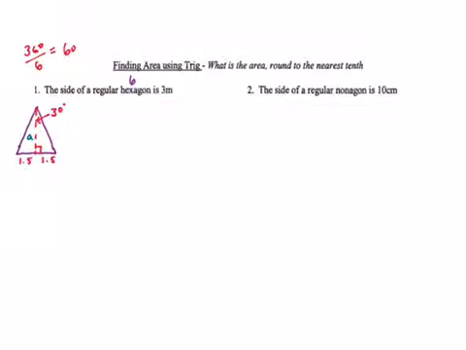So to find the apothem, I'm going to use right triangle trig, because right now I have opposite and I'm looking for the adjacent. So that means I'm going to take the tangent of 30 over 1 equals 1.5 over a. And so when I cross multiply here, I get that the apothem has a length of 2.6.